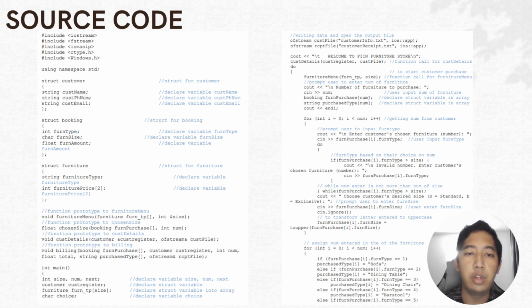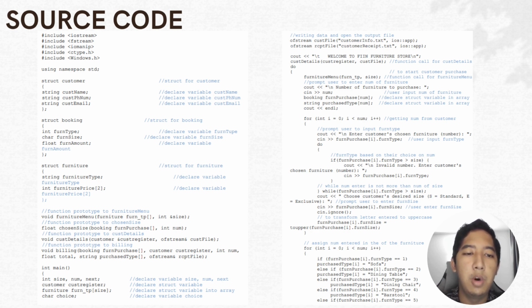This loop is used to run the program, and after the customer registers themselves, we run the program in the do while to let the customer choose the furniture type and the furniture size. So in this do while loop, we have furniture menu, the parameter is FIIN TP, and the size of the furniture menu, which depends on the menu that we read from a file.